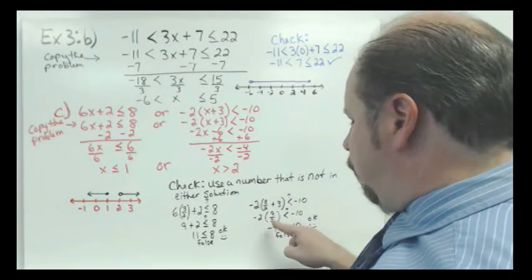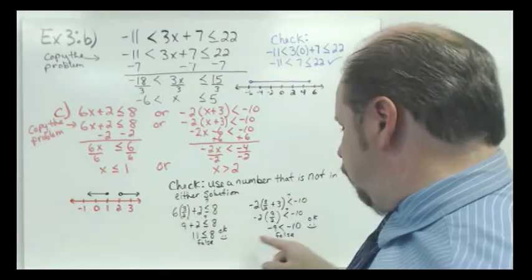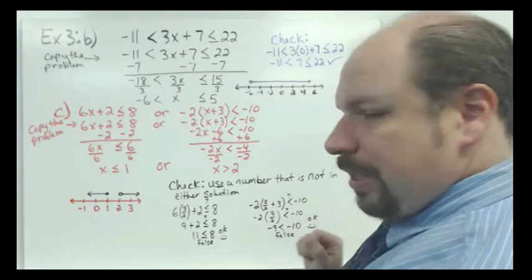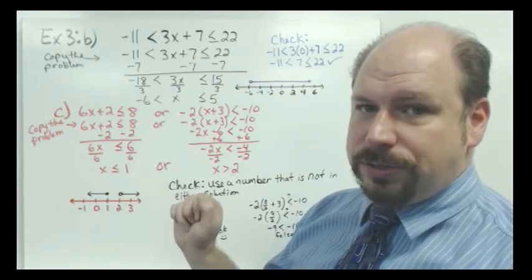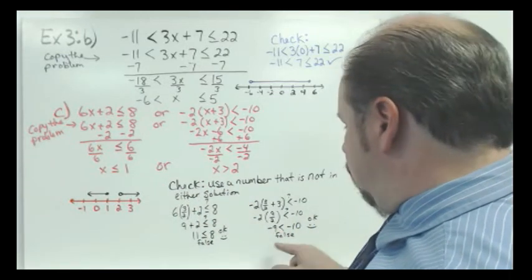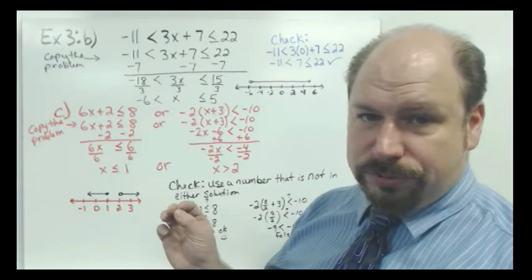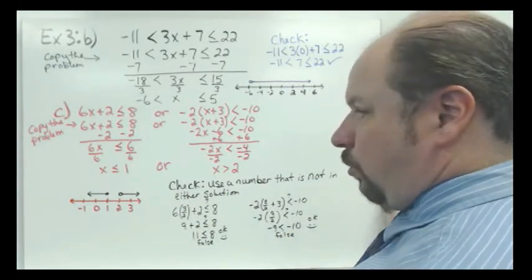So -2 times 9 halves is -9. And so -9 is less than -10. Well, that is not true because -9 is farther to the right on the number line than -10. So that inequality is also false. And again, that's okay. That's what we wanted to have happen. So we're good to go there.